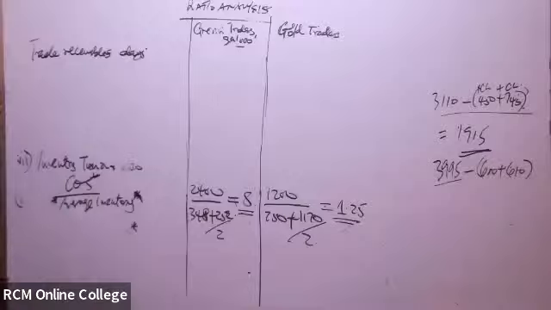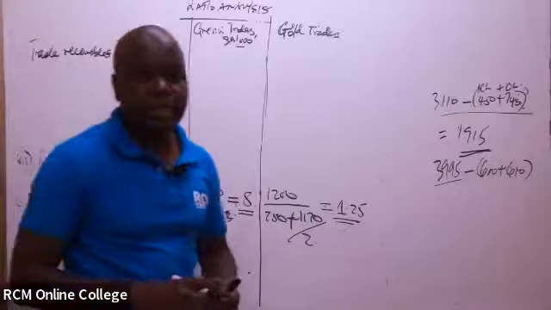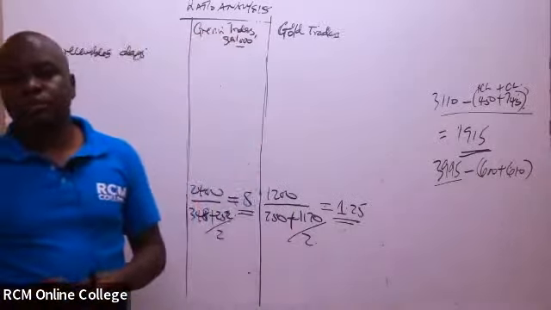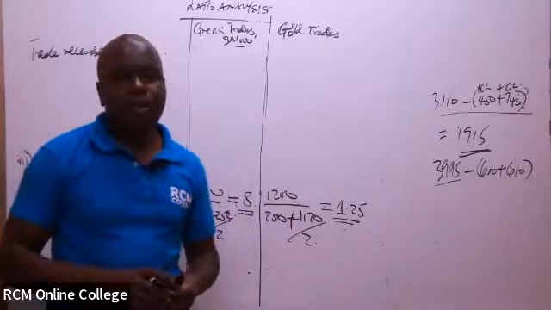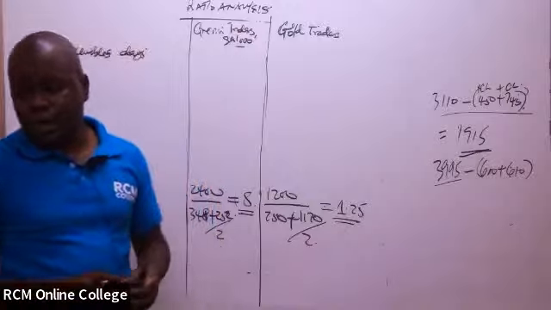So in this case, you take the average trade receivables over the credit sales, and you multiply by 365.